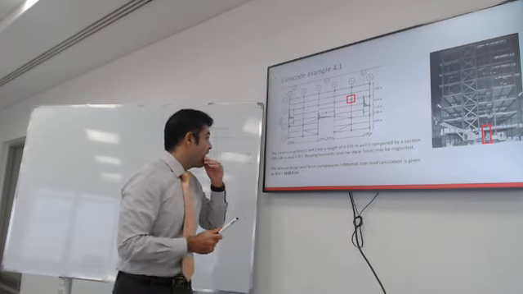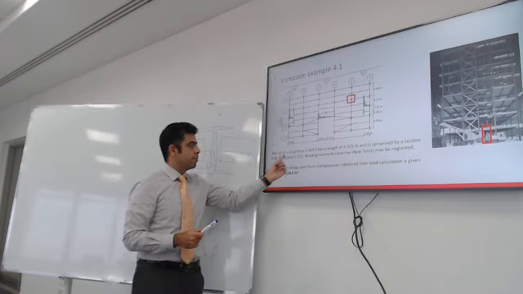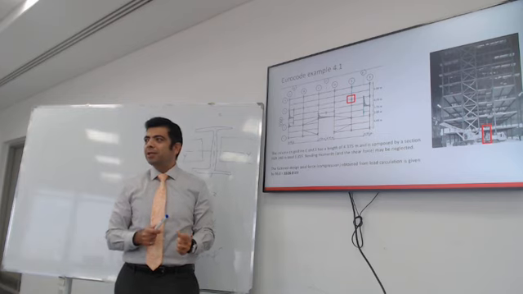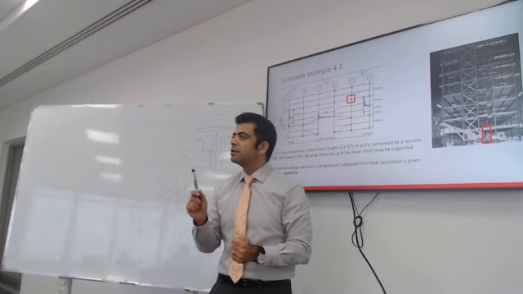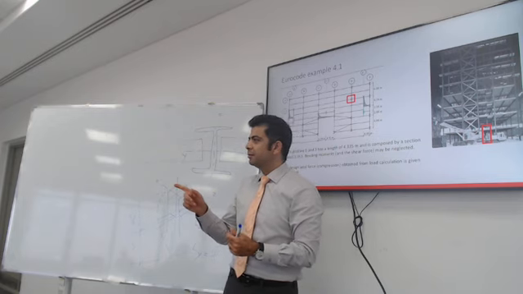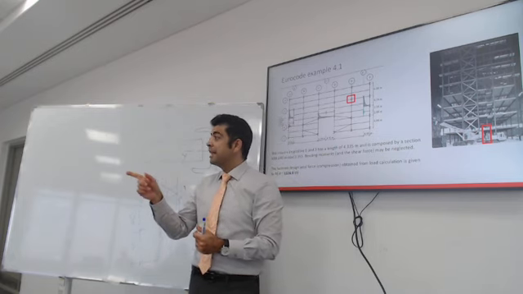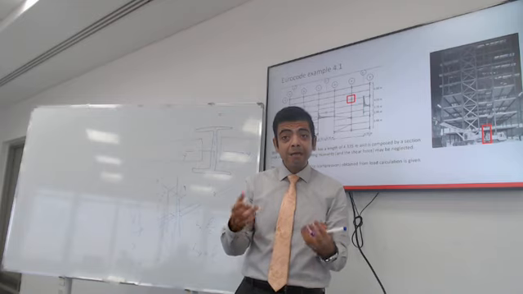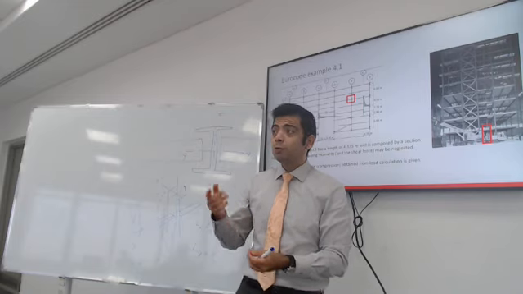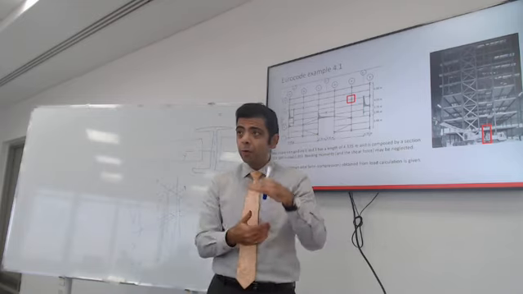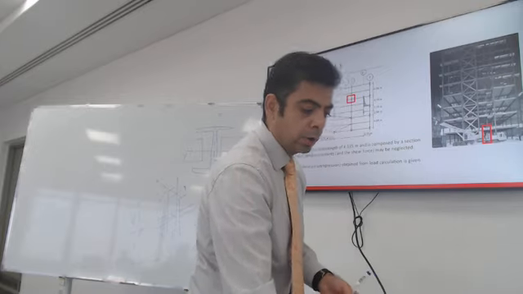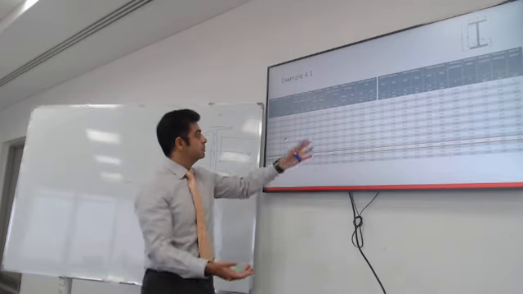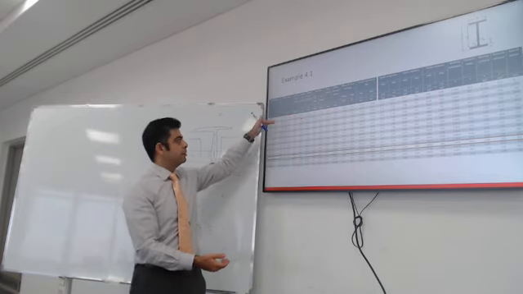So, where do you get the properties of this section? We know that we need the area. Okay, it's not the code. There is a table for each section. Yes, these are commercially available sections. You go to a steel fabricator and they will give you a list of available sections. The fabricator will issue catalogs with the dimensions of the different sections.